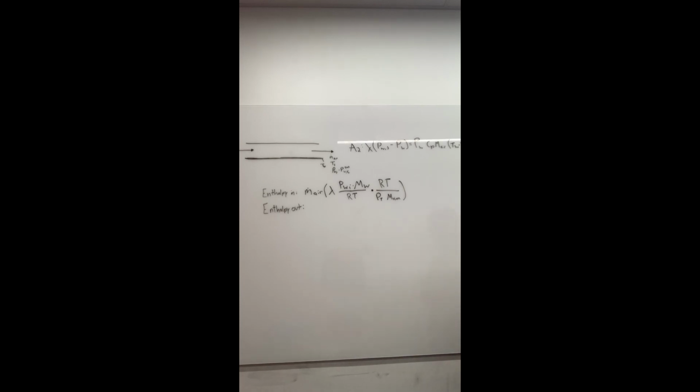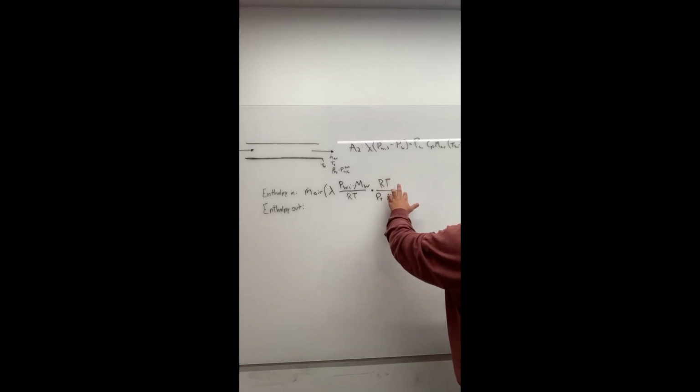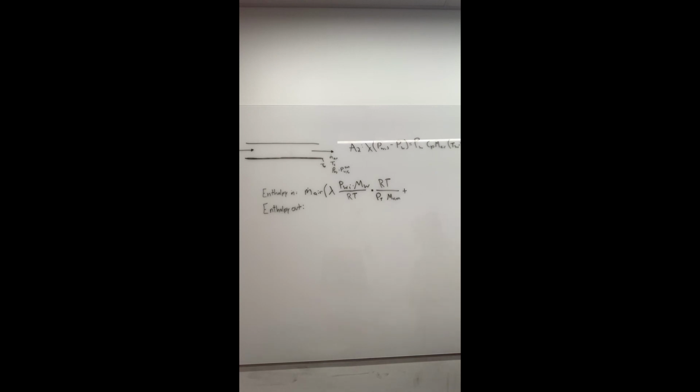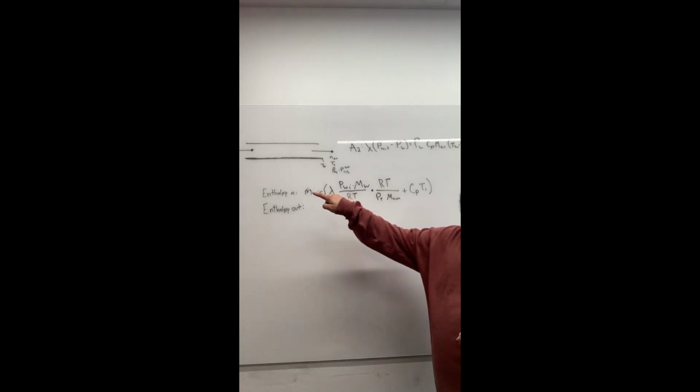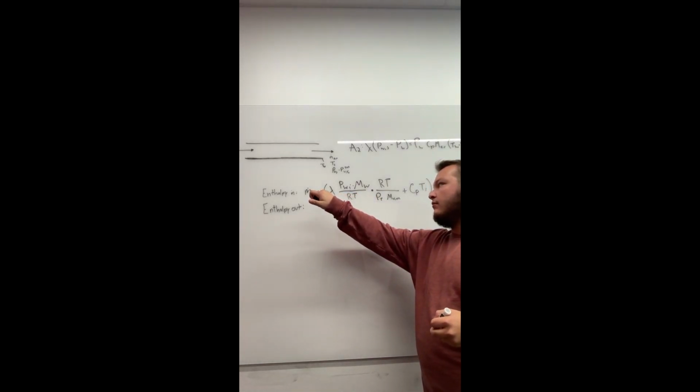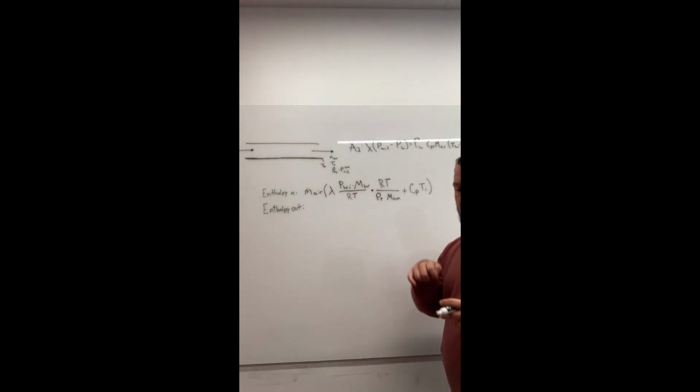And then, actually, there's going to be another unit for this, and that's going to be the sensible heat. So we're going to have Cp times T initial. And this whole thing is going to be multiplied by the mass flow of air.